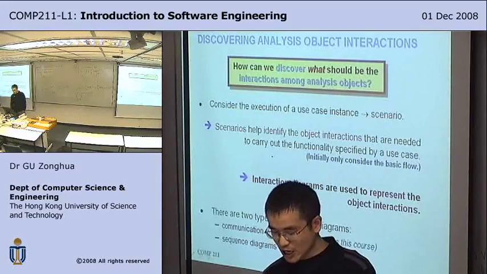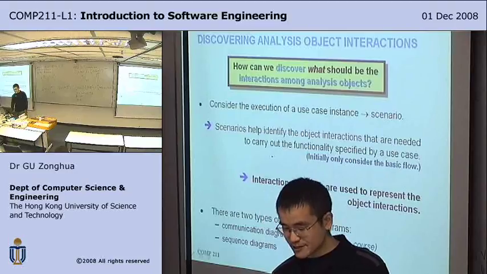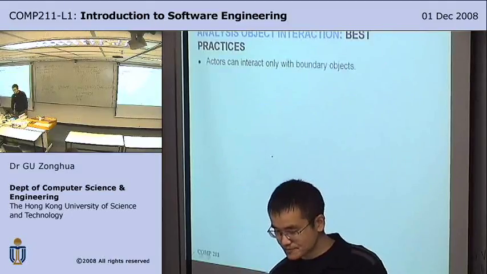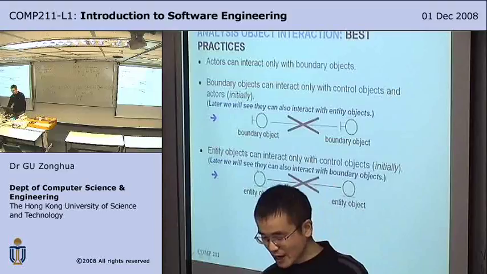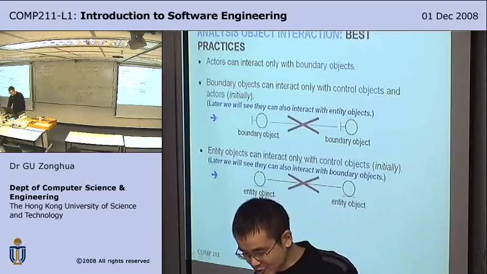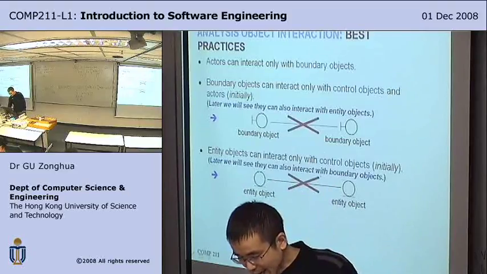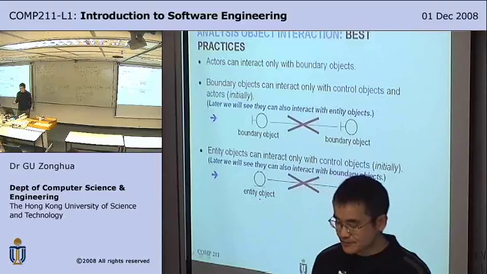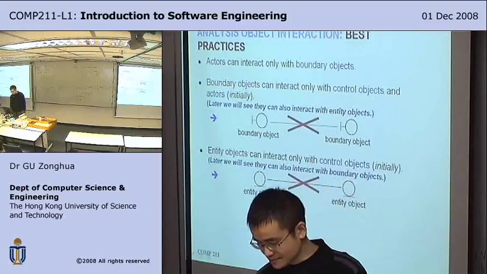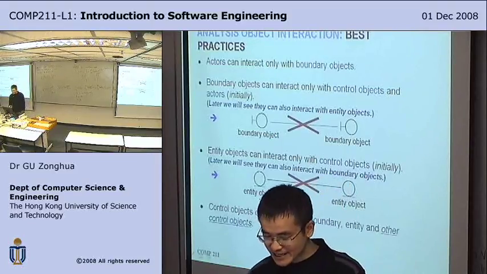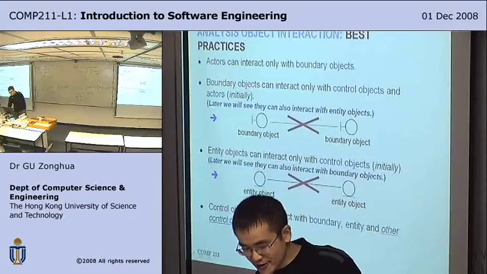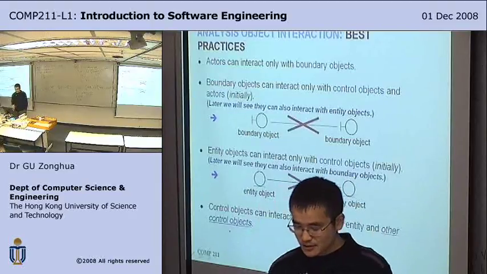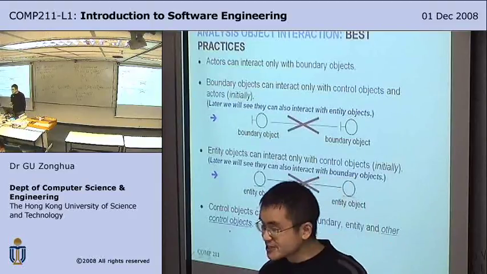So interaction diagrams, we discussed sequence diagrams. Best practices: boundary should not interact with boundary, and entity should not interact with entity. Control can interact with any boundary, entity, and other control objects if necessary.